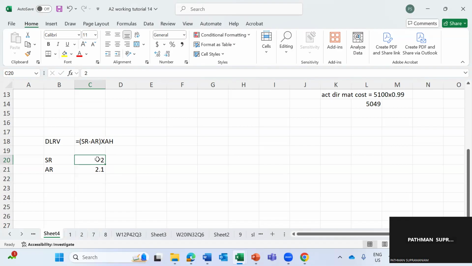You see, we were supposed to pay $2 per hour, but we ended up paying $2.10 per hour. So we are paying an extra 10 cents per hour.